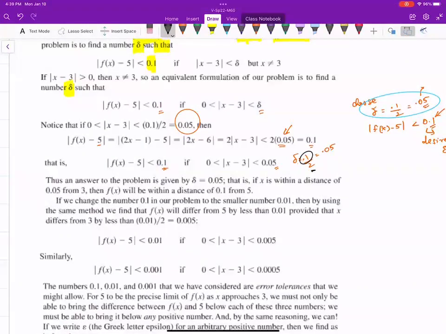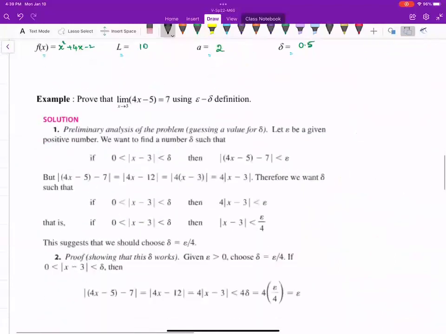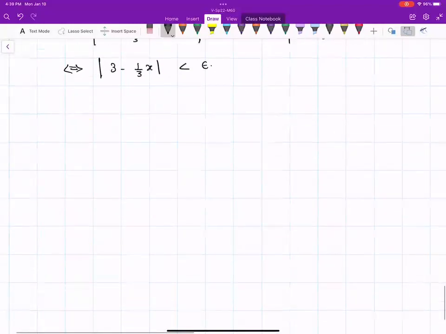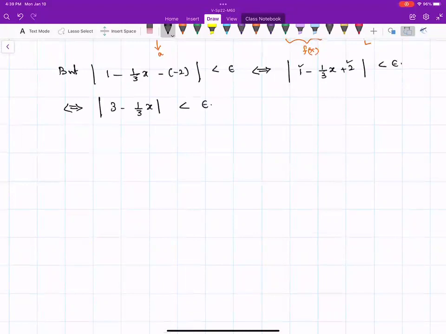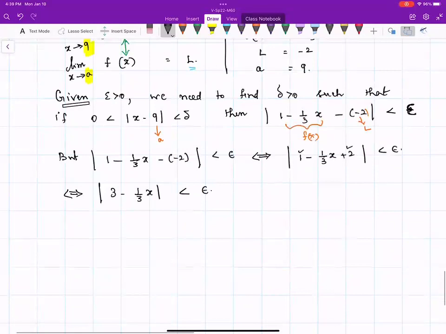This is not always epsilon divided by 2. It could be a value related to epsilon. So that is our goal. We have to find something related to epsilon because epsilon is given to us. So it is 3 minus 1/3 of x is less than epsilon.